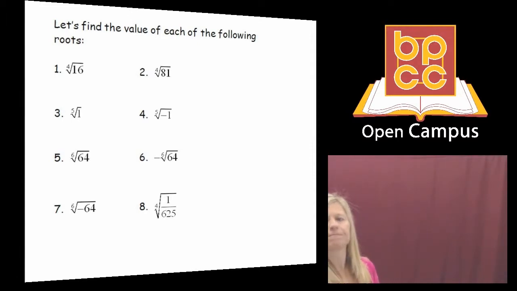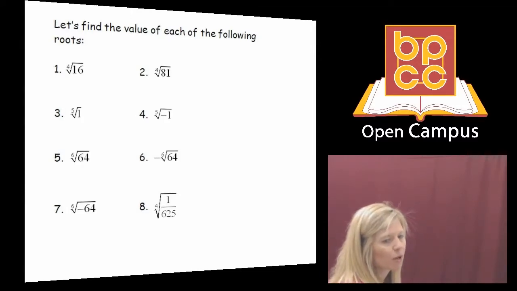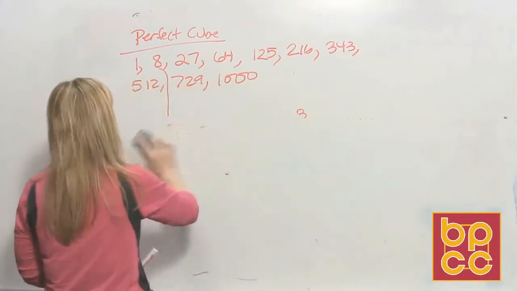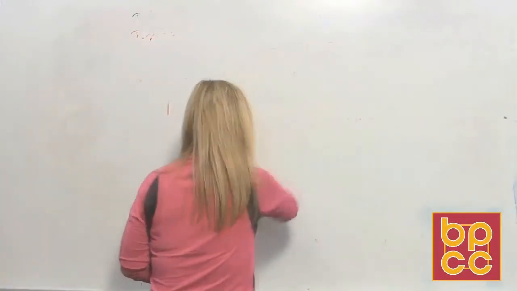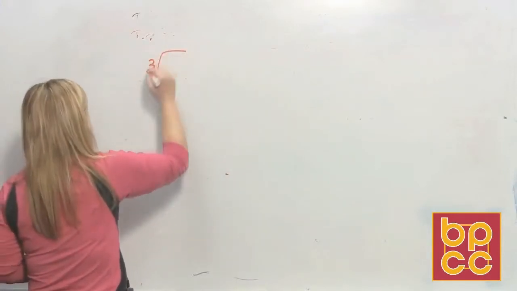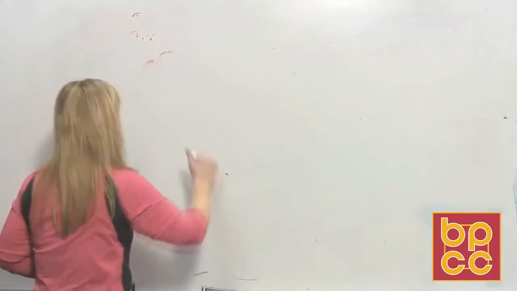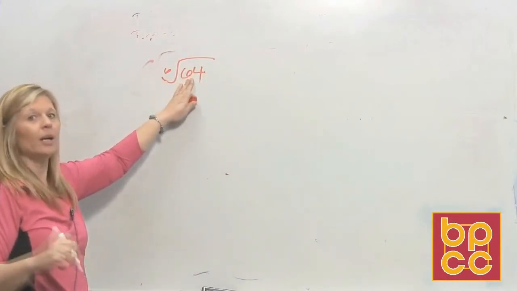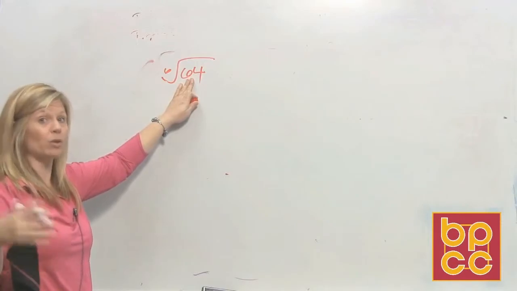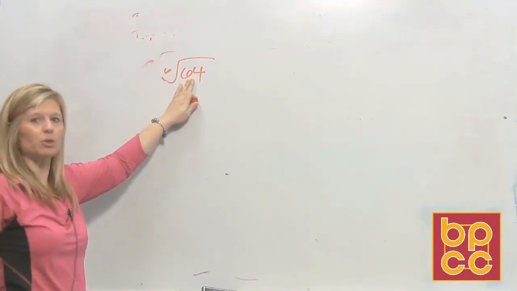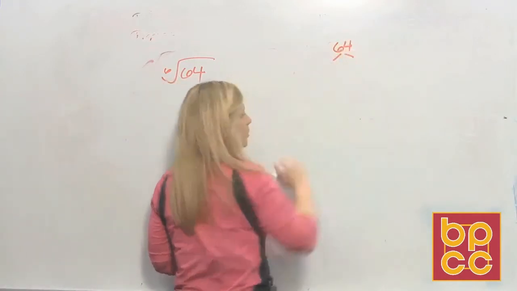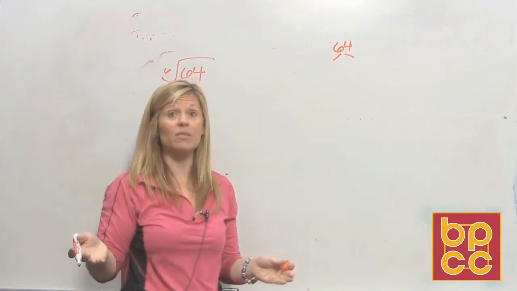If you look at example 5, that's the sixth root of 64. So let's go to the board and look at that. Even though I'm not going to make a list of all the numbers that you'd multiply 6 times, let's think about this. The sixth root of 64 means what number can I multiply 6 times to give me 64? You could either sit here all day and go 1 times 1 times 1 times 1 times 1 times 1, 2 times 2 times 2 times 2 times 2 times 2 till you get it. Or you can sit over here and do a factor tree. You can actually break this down and figure out what number multiplies 6 times to give you 64.